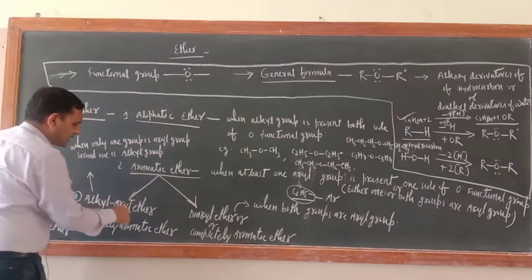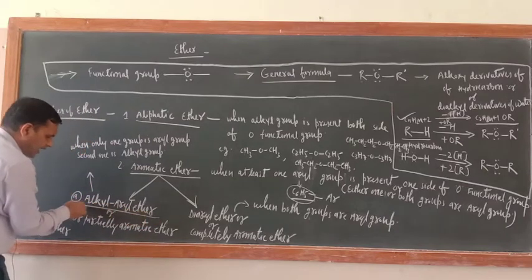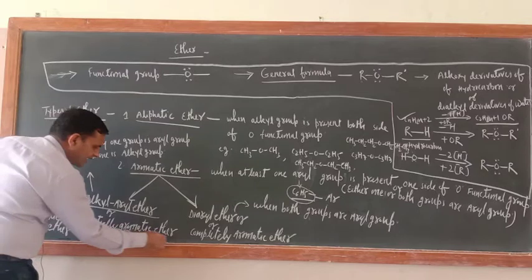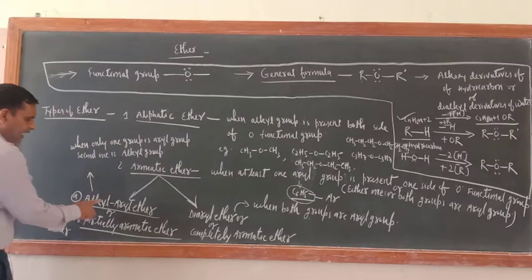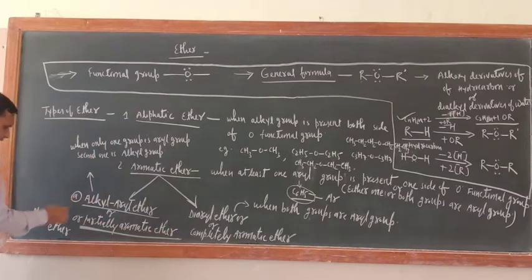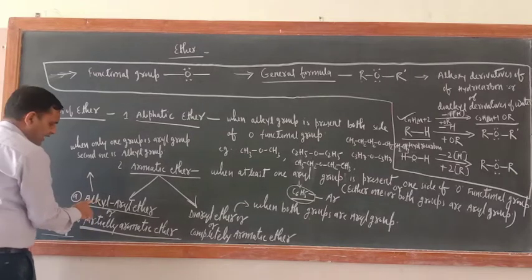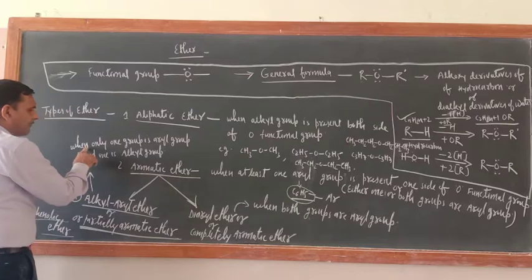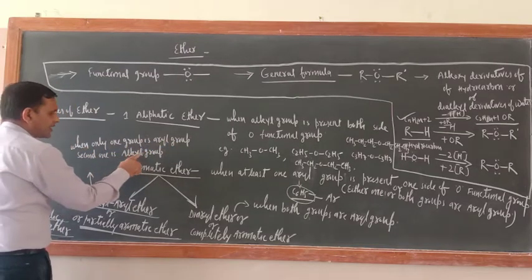Aromatic ethers are two types. Alkyl aryl ether, or they are known as partially aromatic ether. They are also known as phenolic ether. Okay, just see. What is the meaning of alkyl aryl ether? When only one group is aryl group and the second one is alkyl group.